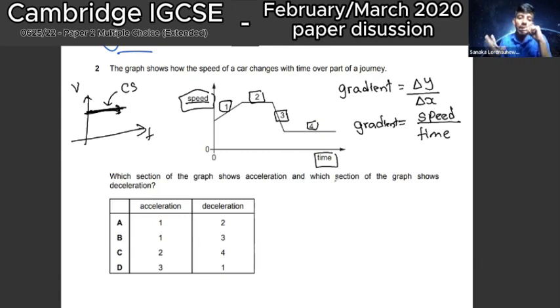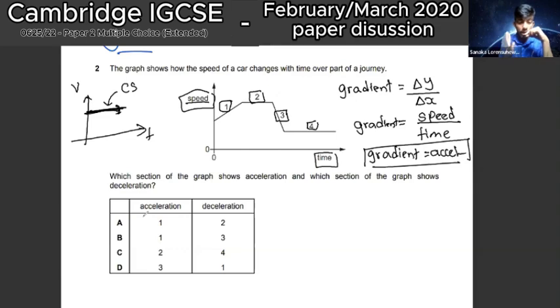Which section of the graph shows acceleration and which shows deceleration? Very easy. The gradient of this graph gives acceleration or deceleration.